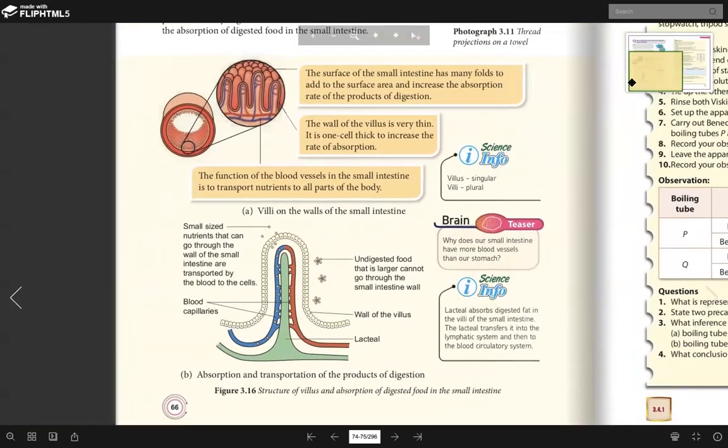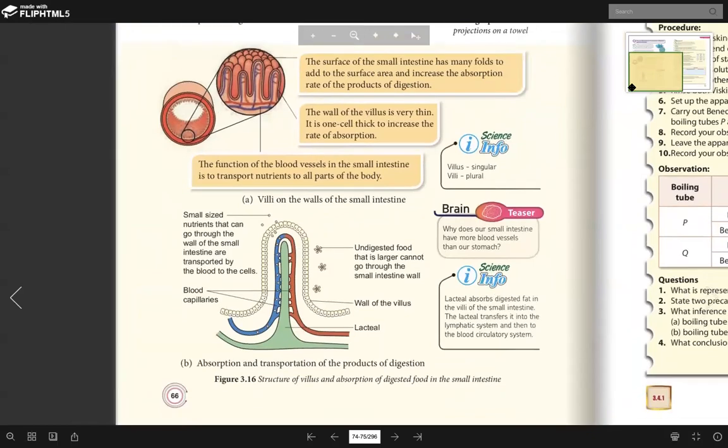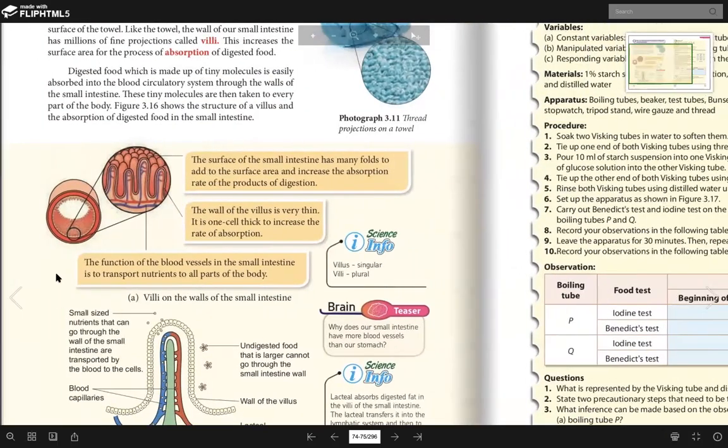Okay, cikgu nak cerita dulu pasal karakteristik dia. Tiga ni menunjukkan karakteristik of villi. In the exam, they might ask you. Pertama sekali awak tengok, karakteristik dia yang pertama adalah the surface of small intestine has many folds.